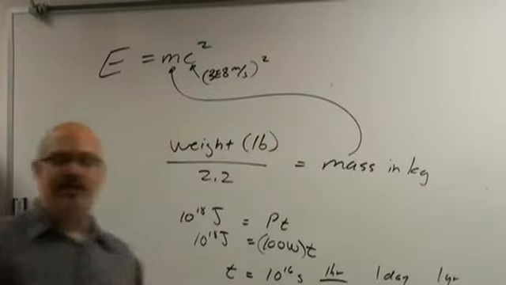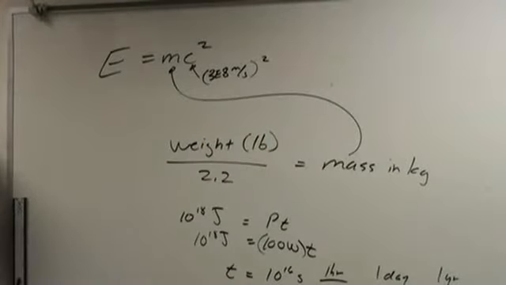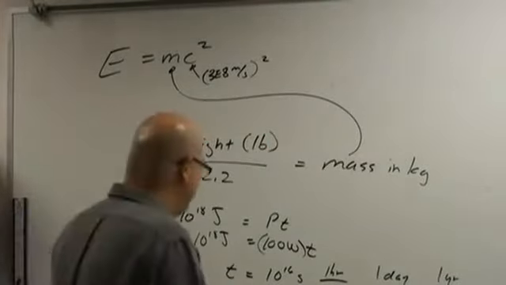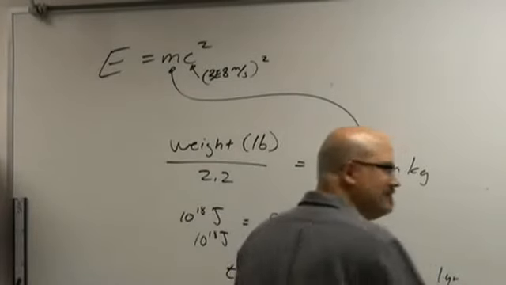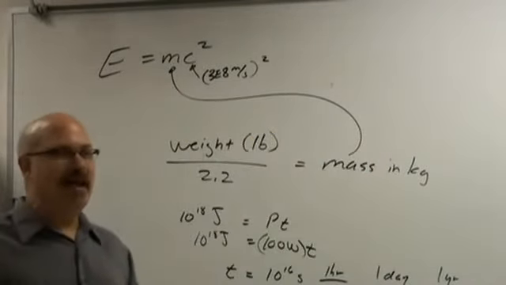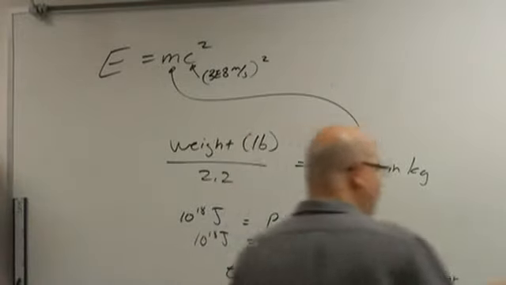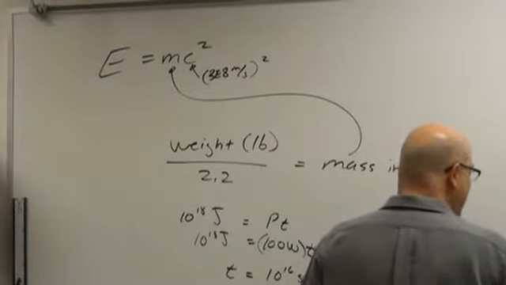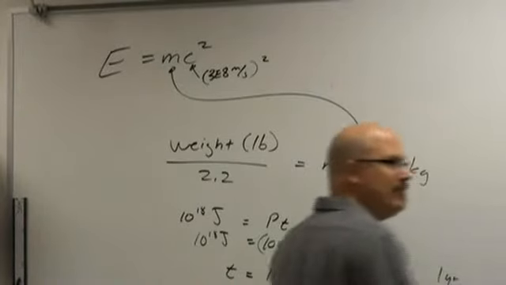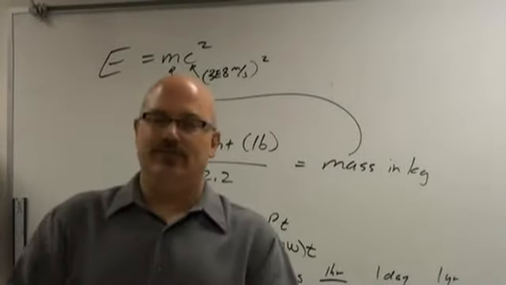So how many years could you run that light bulb? 10 to the 9th years. That's a billion years. We're doing great.